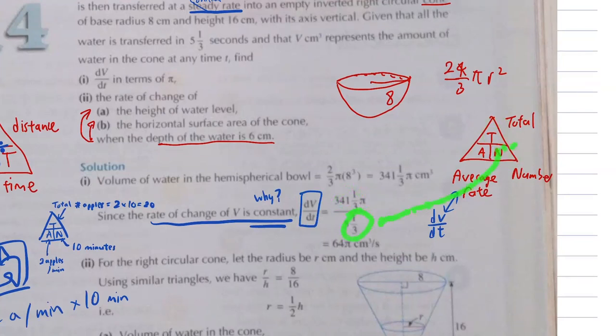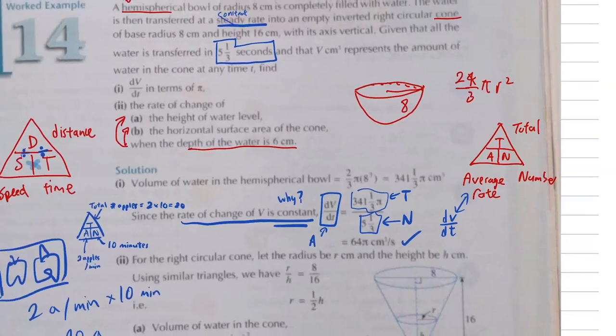Let me label this part as your T, this part as your N, this part as your A. Then T over N. How do you know the N is 5 1/3? Because the question said so: all the water is transferred in 5 1/3 seconds. So you divide and you get your answer. Ding. Clear so far for part 1?